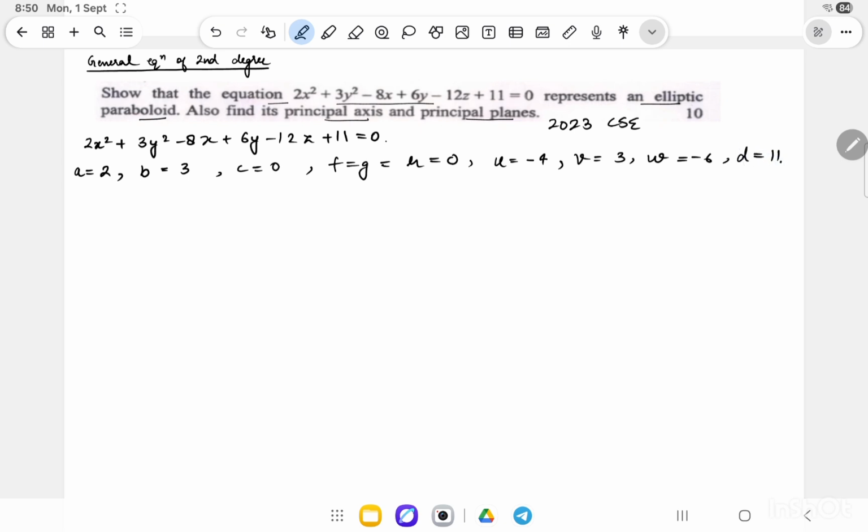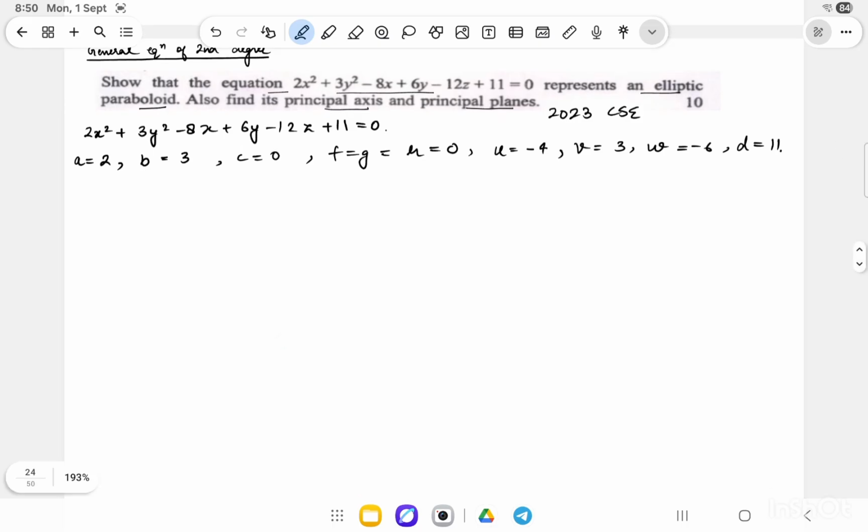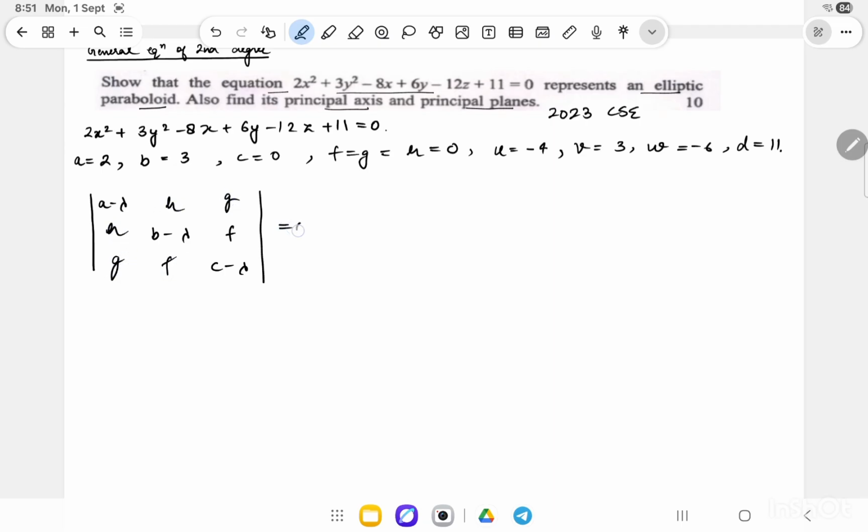The first thing while solving the general equation of second degree is to find the discriminating cubic and see what its roots are. That will give you a fair idea how to move ahead. The discriminating cubic is the determinant with a minus lambda, b minus lambda, c minus lambda, f, g and h equal to 0.